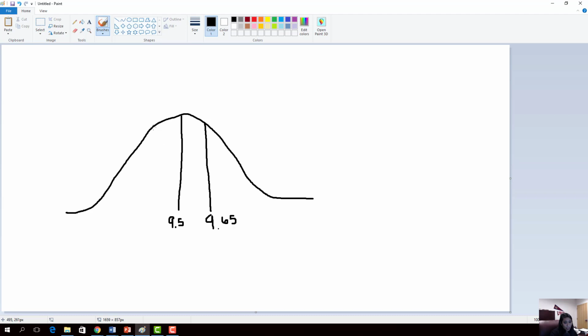And one standard deviation below is 9.35. Might as well keep going here. 2 standard deviations above the mean is equal to 9.8. And 3 standard deviations above the mean is equal to 9.95.